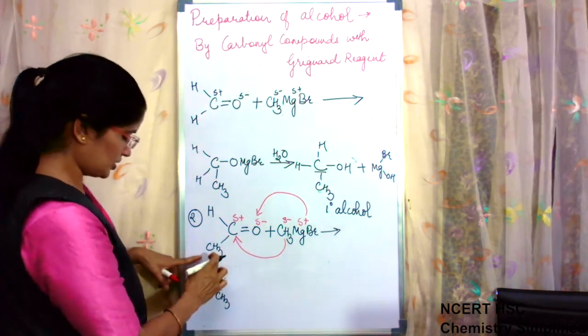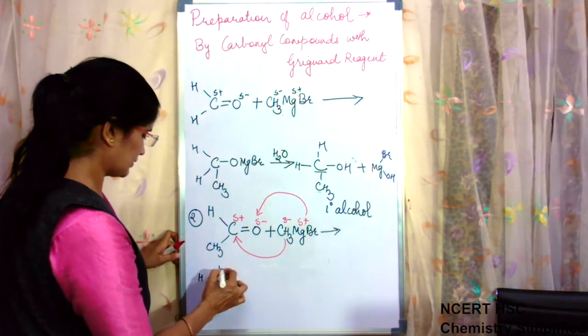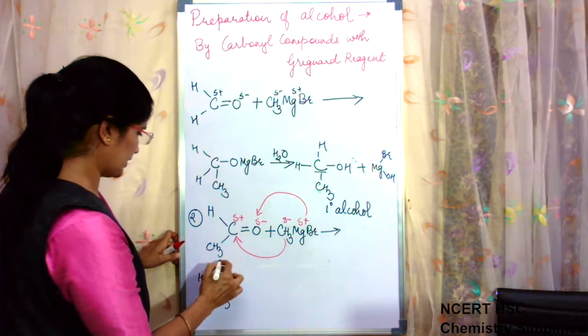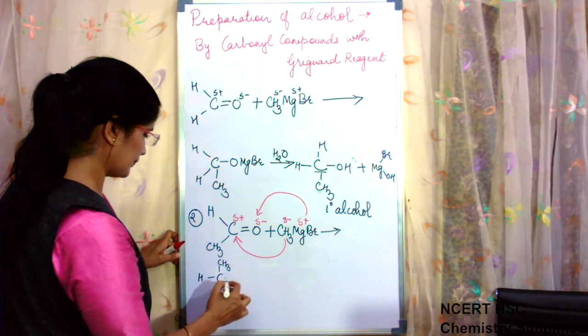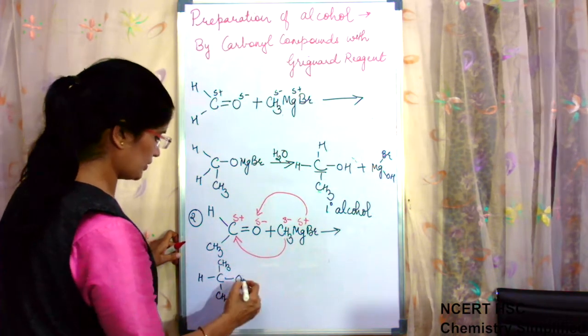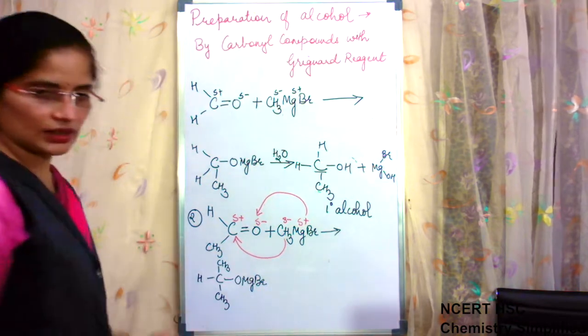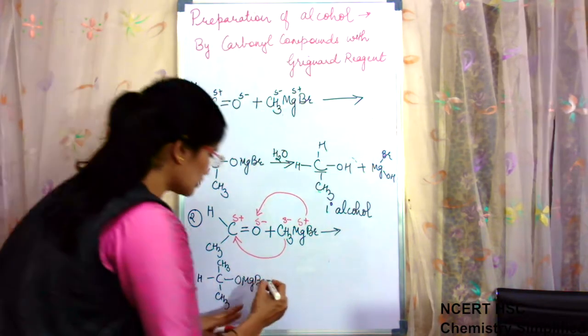Already H and CH3 were there with it, and one more CH3 will attach here. Then this double bond is single now, and with O there will be MgBr. This is the intermediate which is formed.